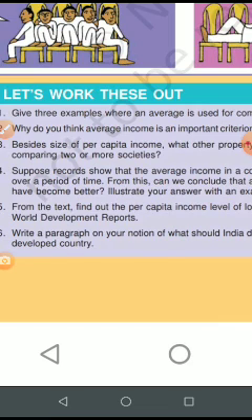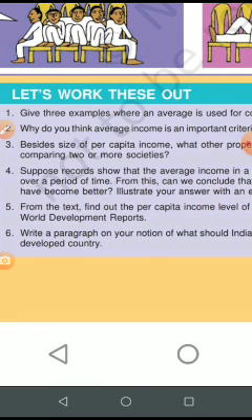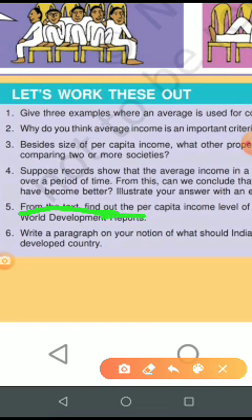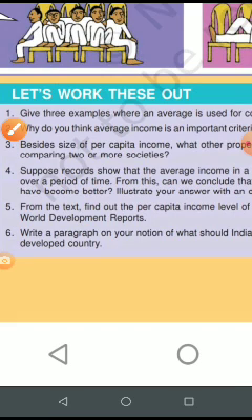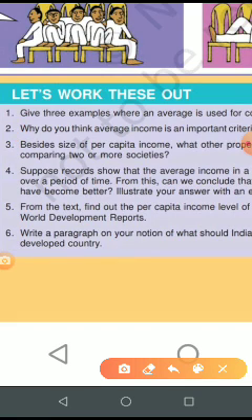The next thing that is important is the questions from the text. Find out the per capita income level, meaning the average income that was given there, you have to calculate from there. In most of the activities, you will find that you have to put your creativity and ideas in a better manner. Write a paragraph on your notion.